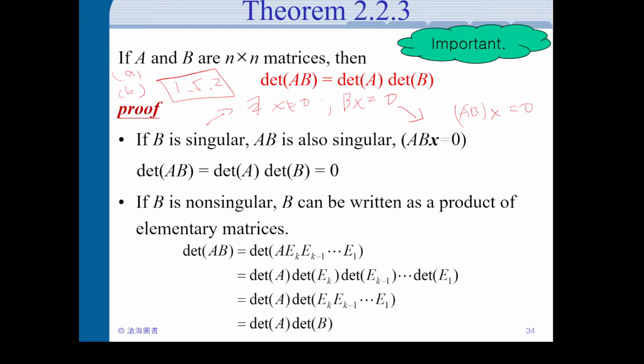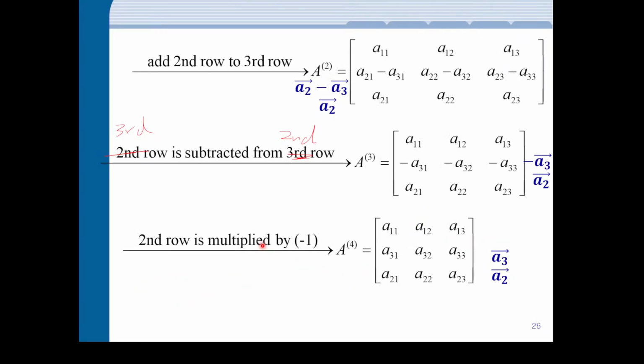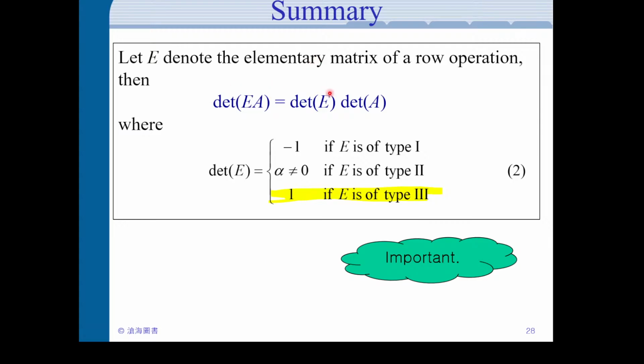So B is non-singular, then in the proof here we have elementary matrices multiplied on the right, but what we proved is actually elementary matrices multiplied on the left. Yeah, so we actually prove this thing.